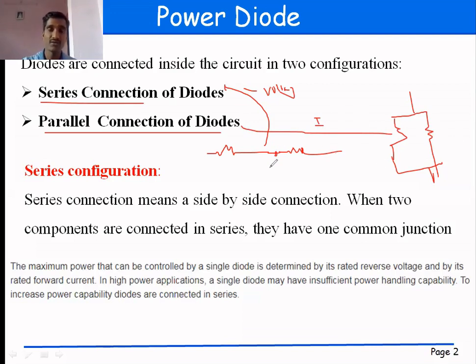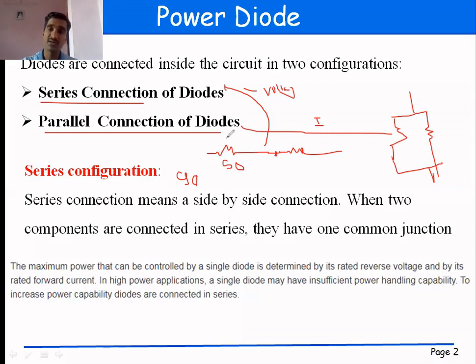Suppose we have an input voltage of 90 volts, and this resistance or diode or any component has a voltage handling capacity of only 50 volts. In this case, this single component cannot handle the 90 volts.